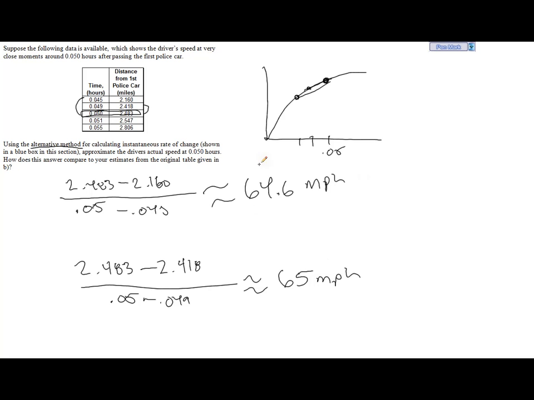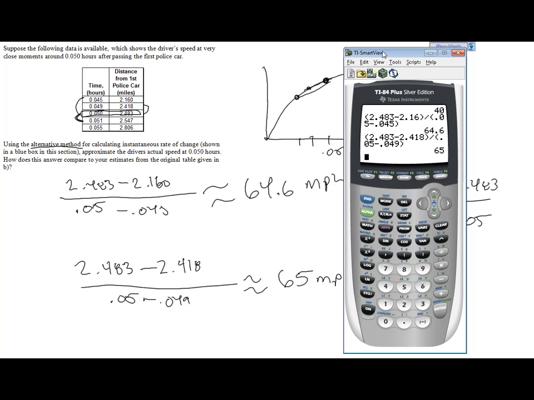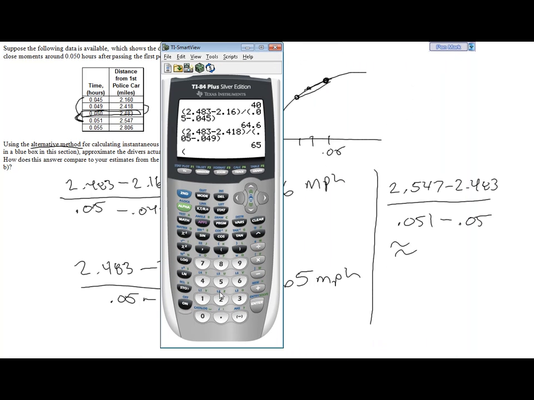let's figure out what happens after 0.05 hours. So let's figure this out right here. In other words, we have 2.547 minus 2.483, and we're going to divide that by the difference in time, which is 0.051 minus 0.05, and that gives us, drum roll, 2.547 minus 2.483.